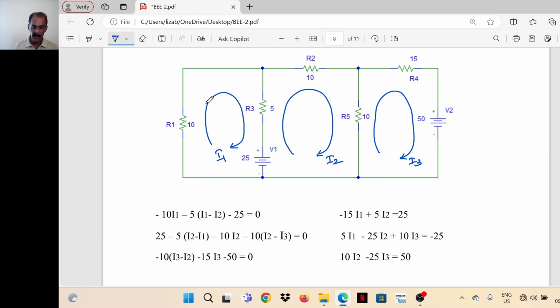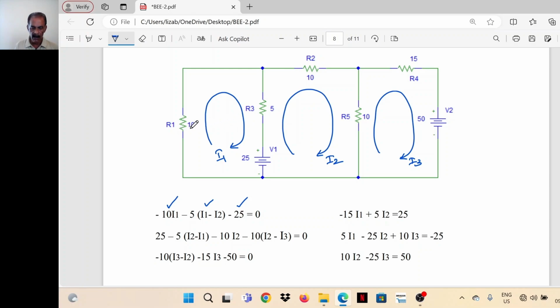The mesh current and loop are both in the same direction, so it is minus 10 I1. Then minus I1 minus I2 into 5; the IR drop in this resistor R3 is (I1 minus I2) into 5 with a negative sign. This 25 is a fallen potential, so negative sign. So minus 10 I1 minus 5 into (I1 minus I2) minus 25 is equal to 0.